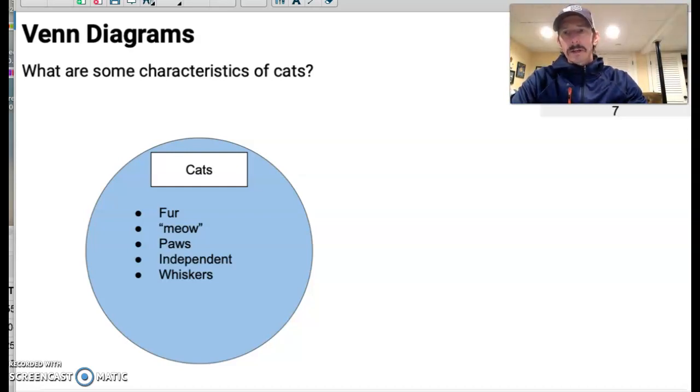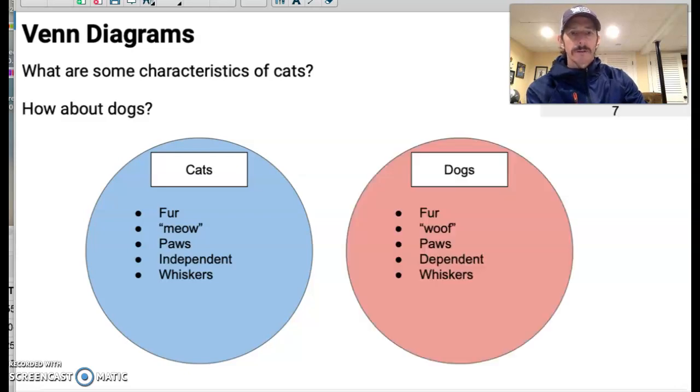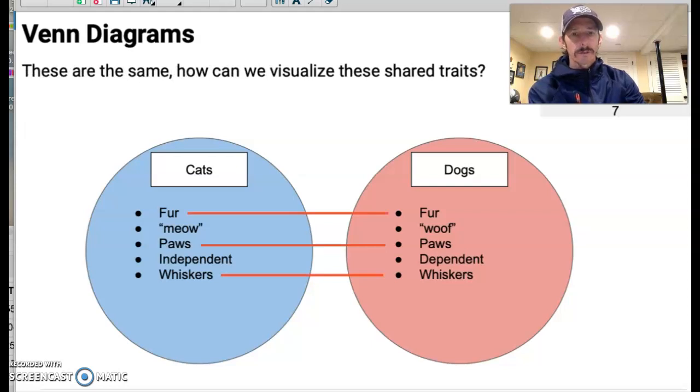Venn diagrams are used to describe sample sets and relationships between subsets of that sample set. So we're going to do a quick example. If you had the population of cats with particular characteristics, and also the population of dogs with particular characteristics, you would notice that several characteristics are shared by both cats and dogs.